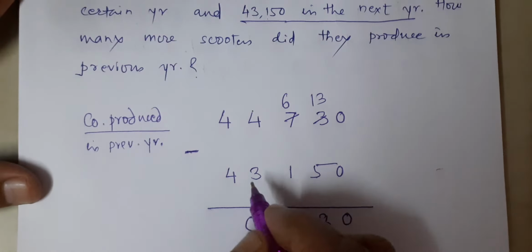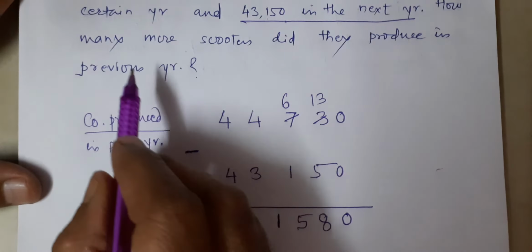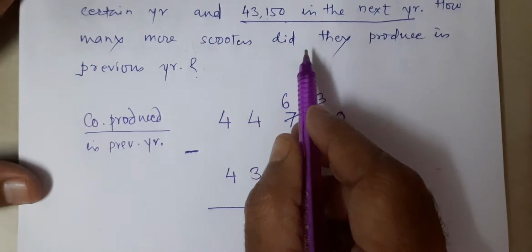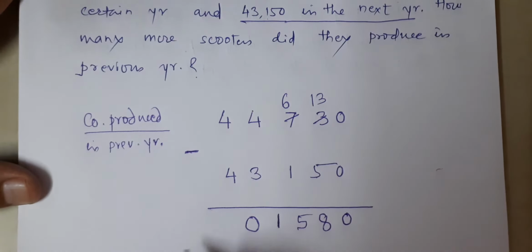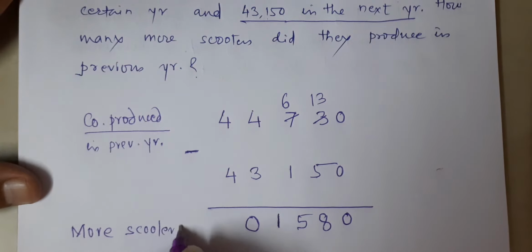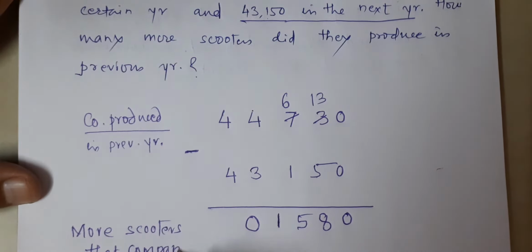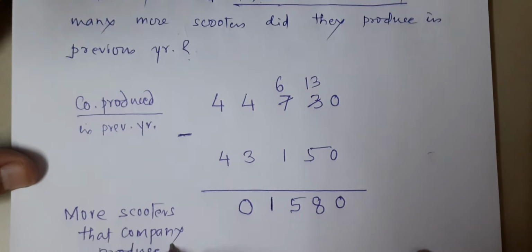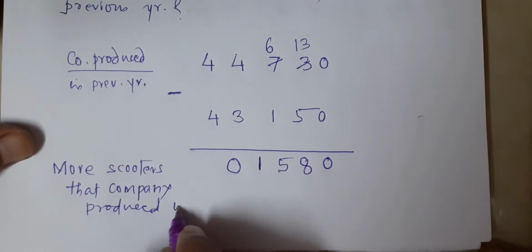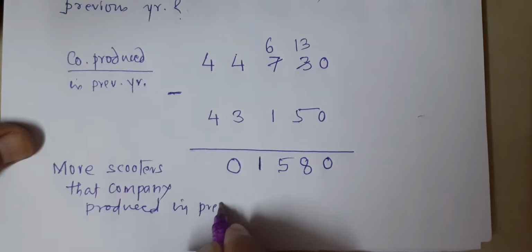So this is the amount, the quantity of more scooters that the company produced in the previous year.